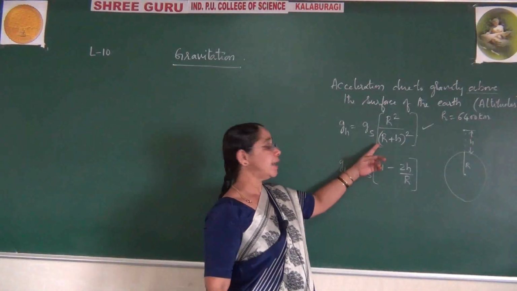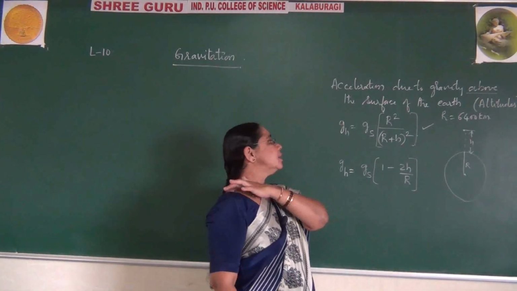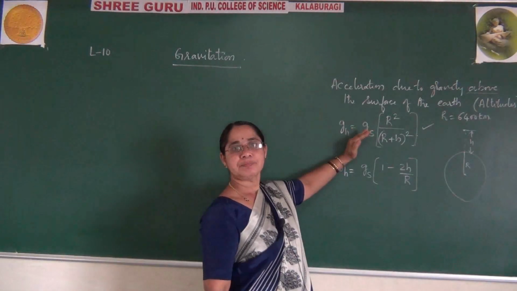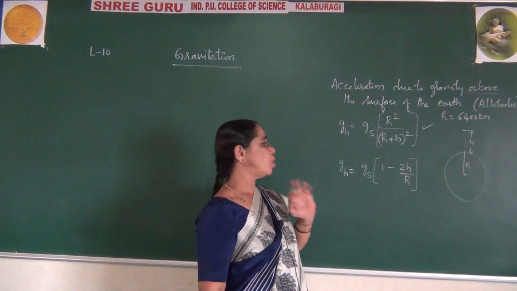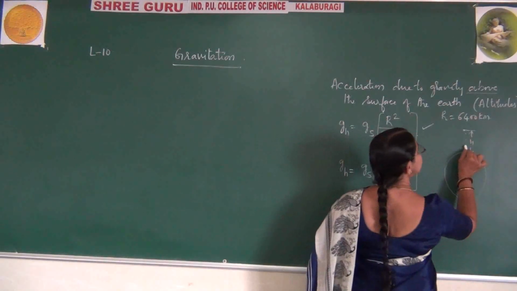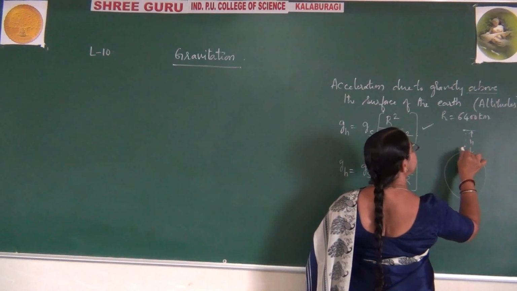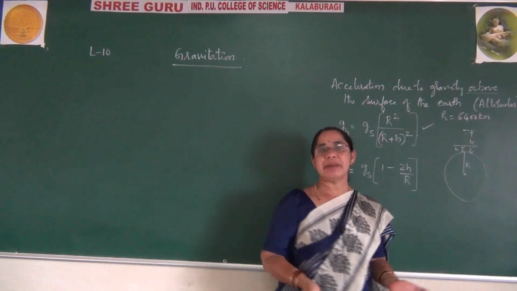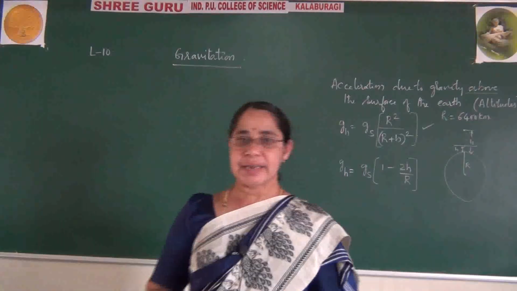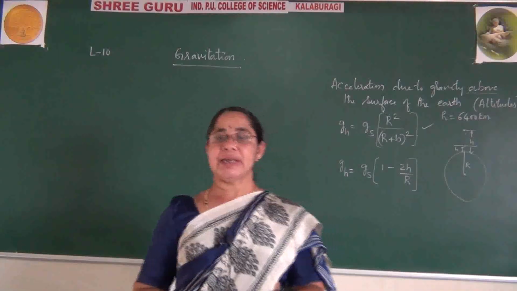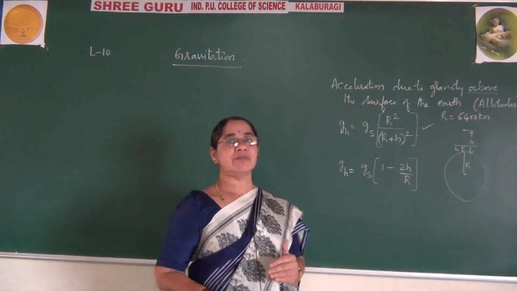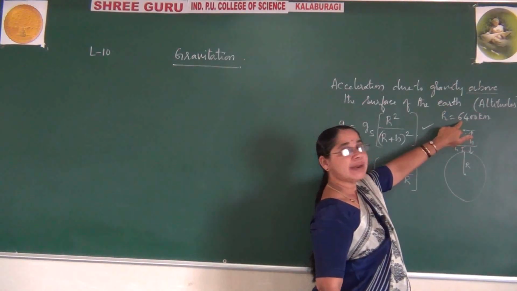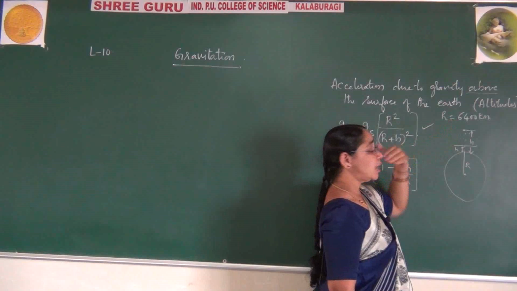Please remember, when the height is more than half of the radius, naturally you can select this formula. If the height is very small, nothing but if the object is very close to the surface, maybe nearly 5 km, 10 km, 15 km or maybe 30 km, it is very close to the surface because as compared to the radius, it is very small, which is negligible, but we cannot neglect that.